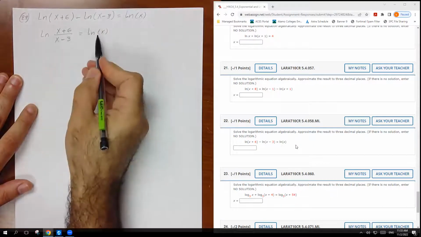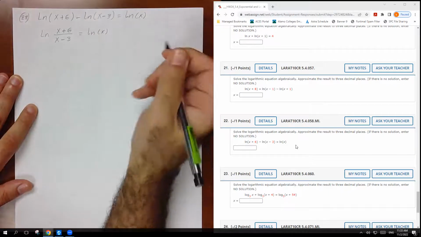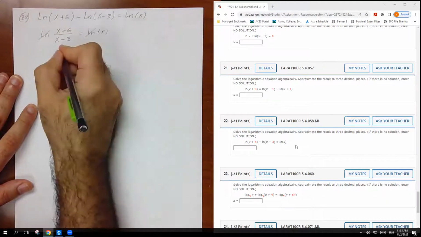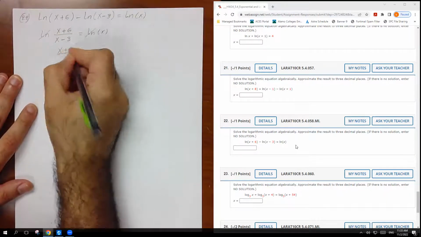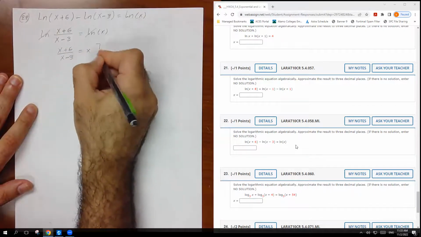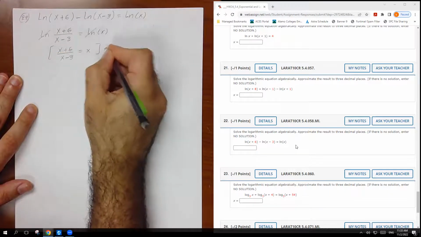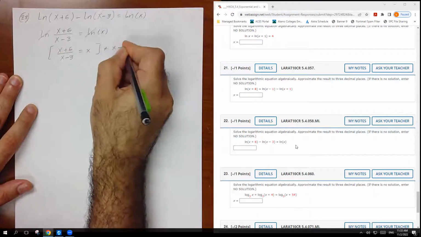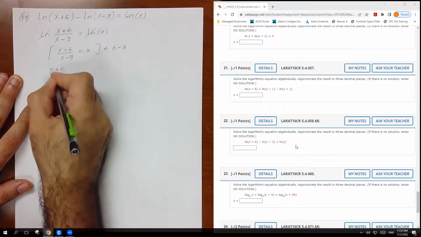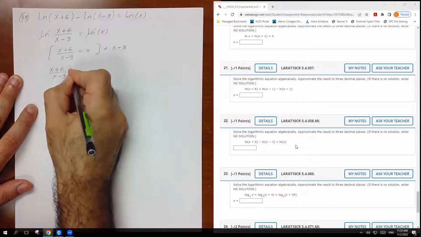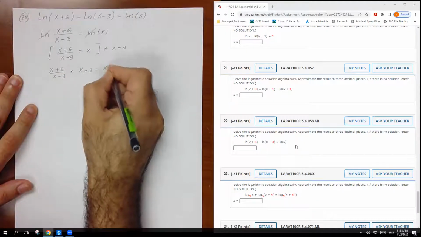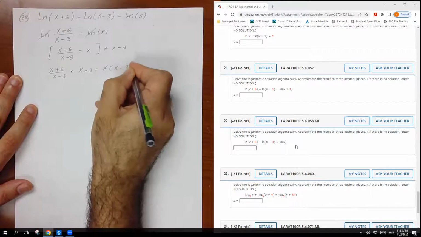ln x equal ln y means x equal y, the one-to-one property. So cancel these. So it's going to be x plus 6 over x minus 3 equal x. Multiply by the least common denominator, which is x minus 3. So it's going to be x plus 6 over x minus 3 times x minus 3 equal x times x minus 3.